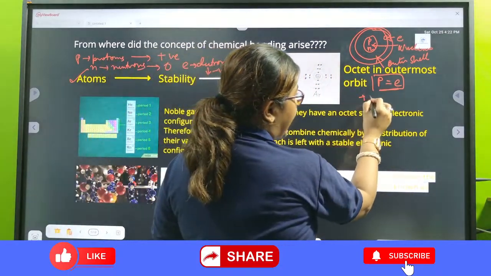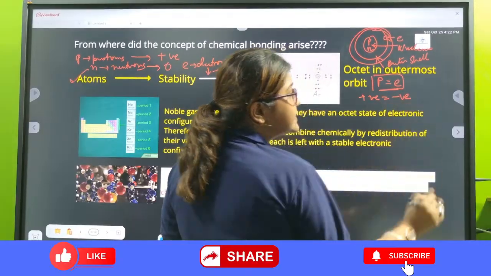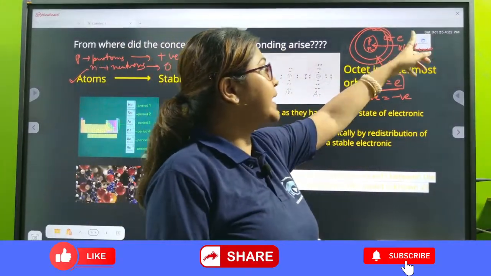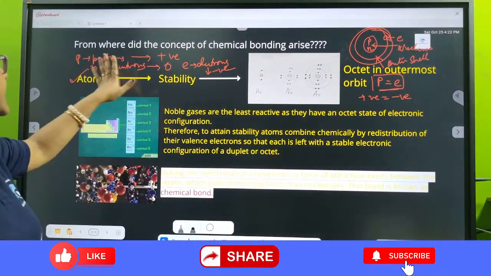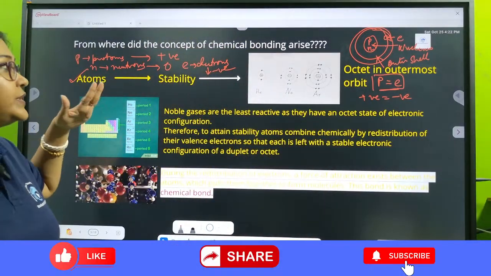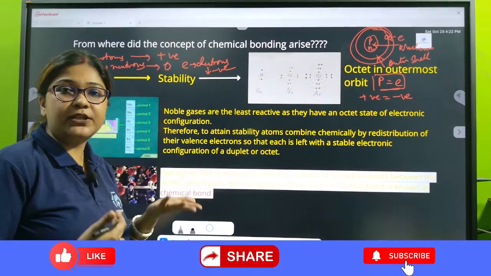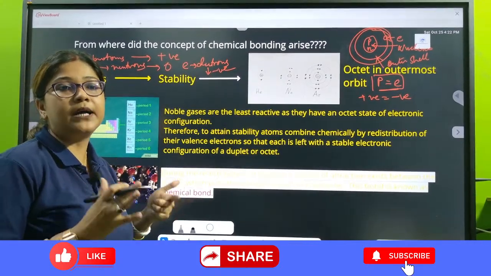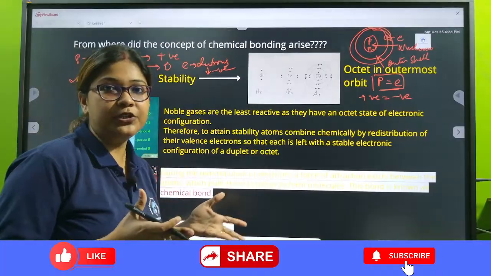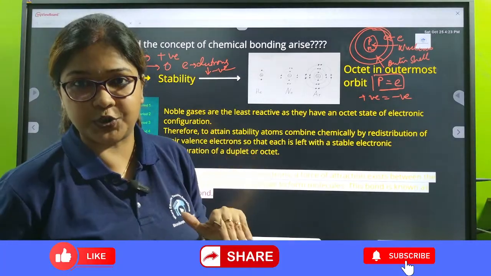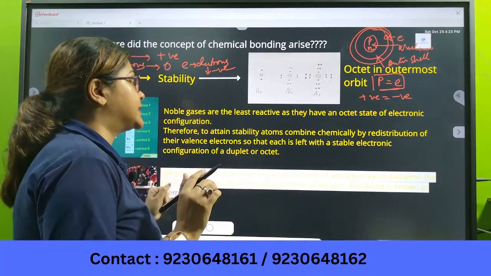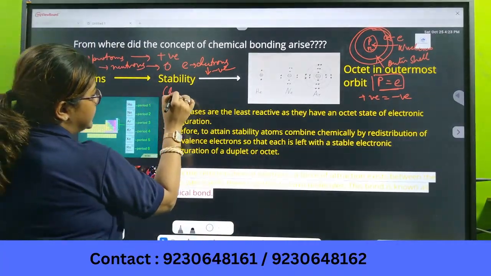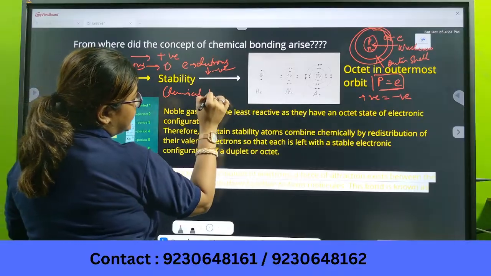The positive and the negative charges cancel out each other to make the atom neutral. So, this is the concept of atoms. Now, these atoms interact with each other to form a force of attraction to build together a molecule. This force of attraction between two atoms is nothing but chemical bonding.